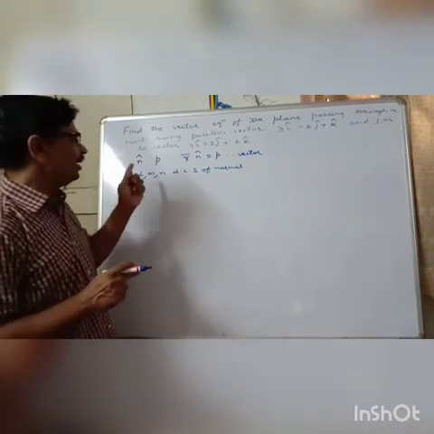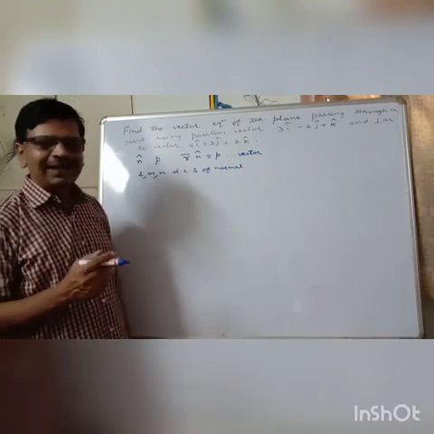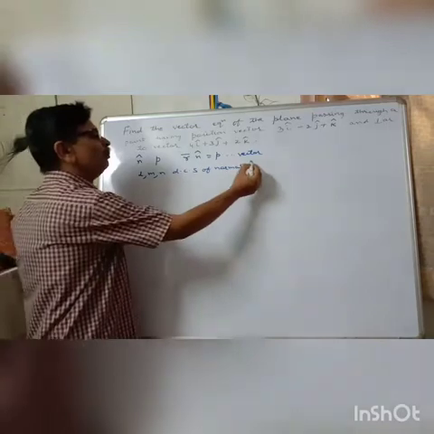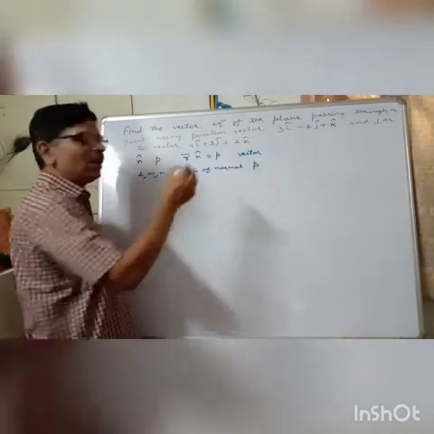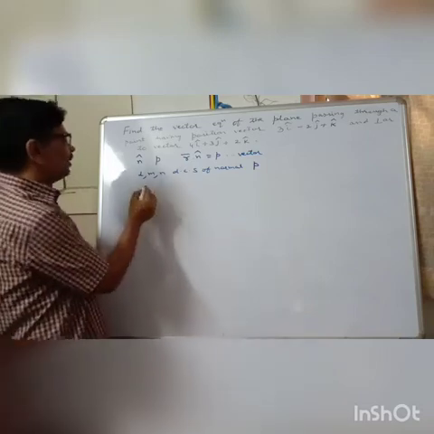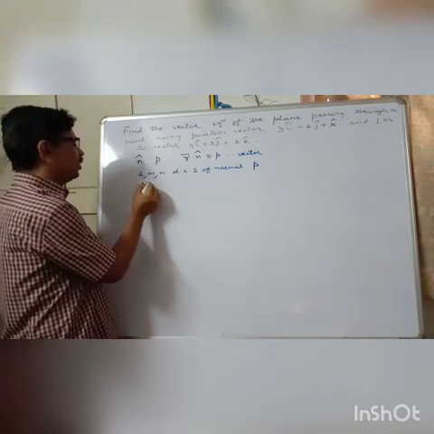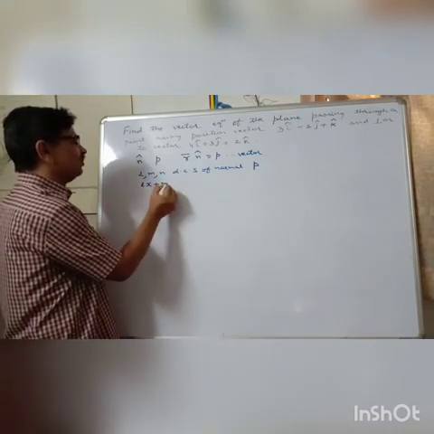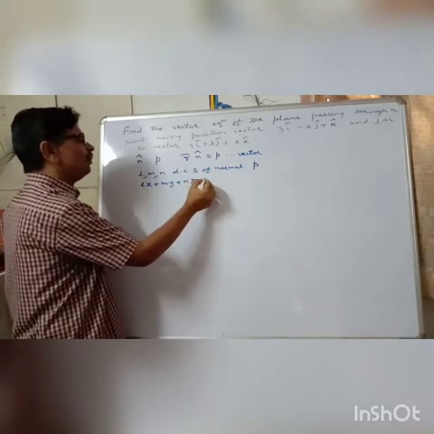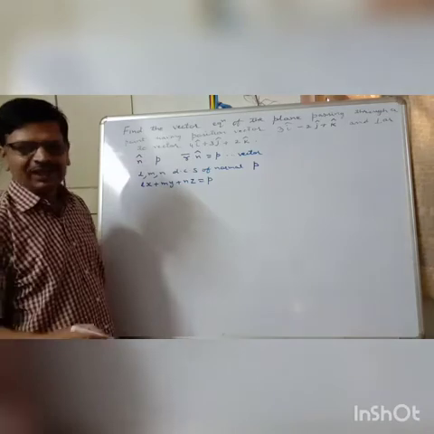So here l, m, n are direction cosines of normal to the plane, and p is perpendicular distance of plane from origin. Then equation of plane in Cartesian form: lx plus my plus nz equal to p.